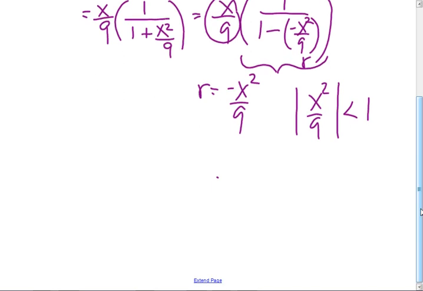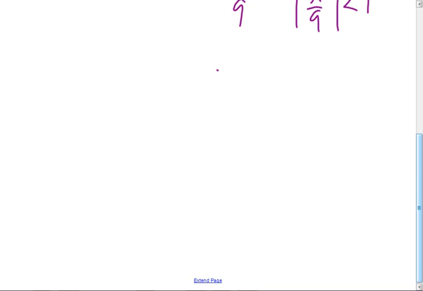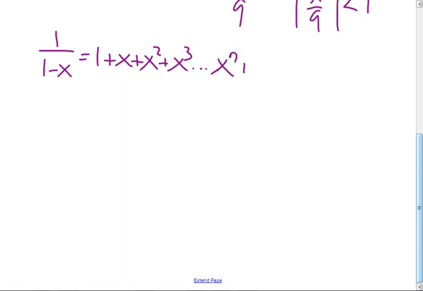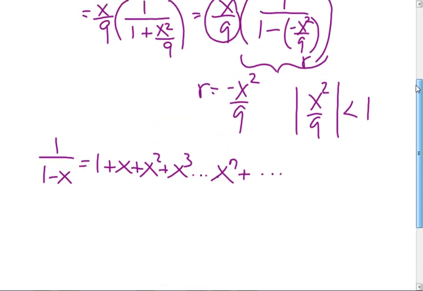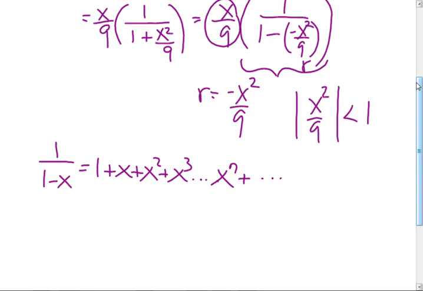So let me write out the geometric series 1 over 1 minus x again. Okay, there it is. So it's going to be x over 9 times this series. Now, it's 1 plus x.